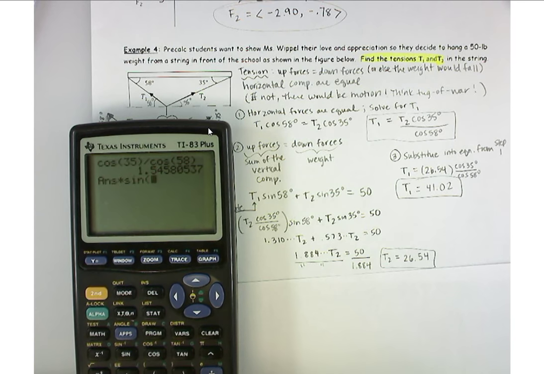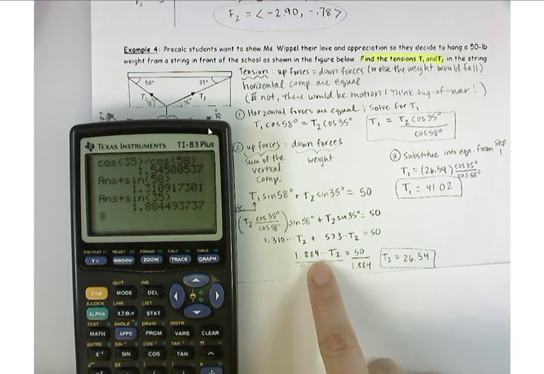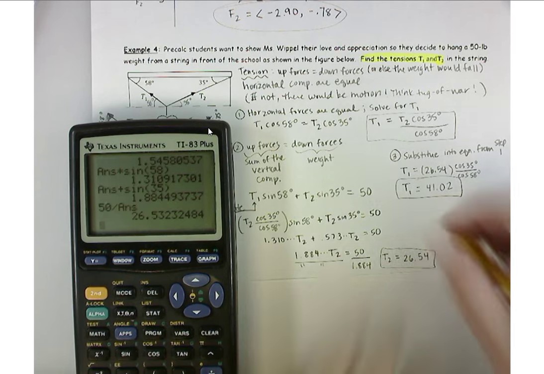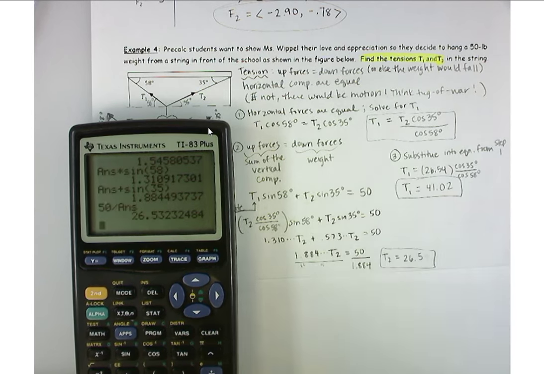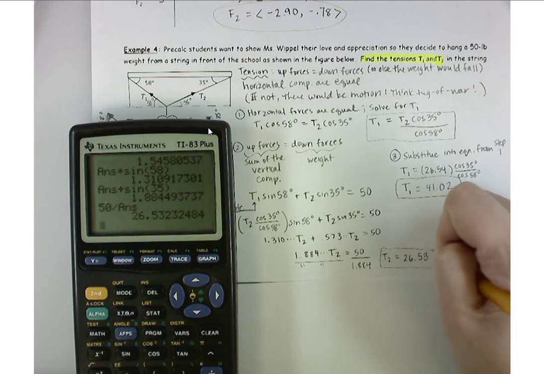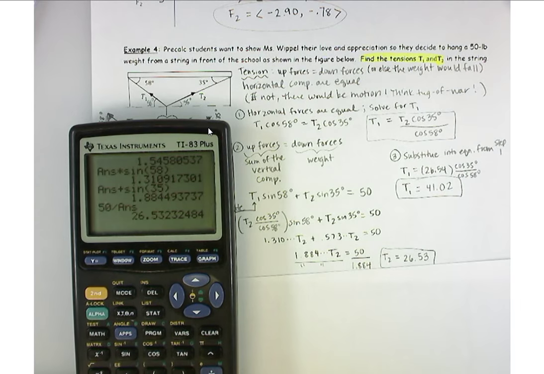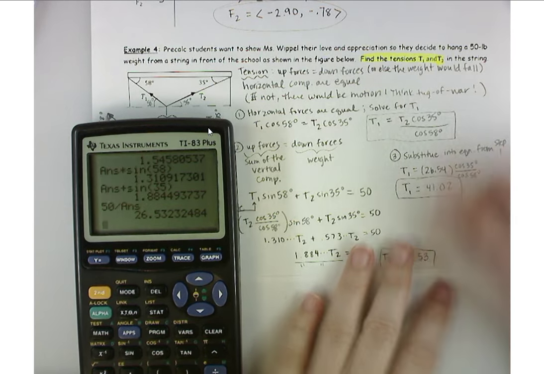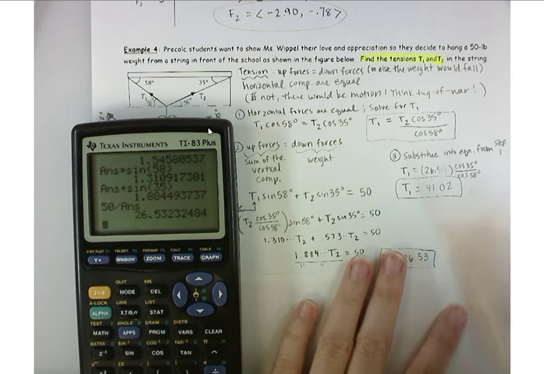Times the sine of 58. Okay, and then I'm going to go ahead and add that to the sine of 35 degrees. Okay, so I have the 1.884, and then I'm going to do 50 divided by that answer. Yeah, so rounded, this is really 26.53. Like I said, in our final answer, that's really not going to make a difference, but it is just going to change these decimals a little bit.